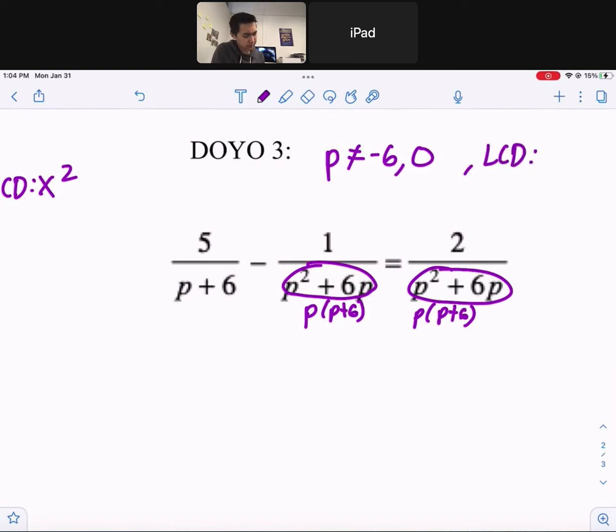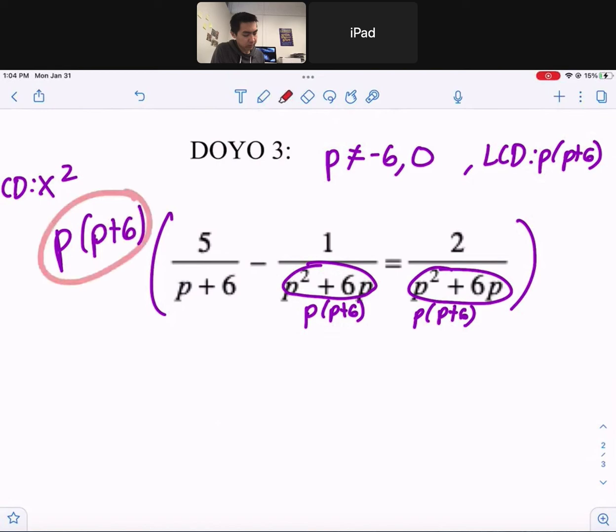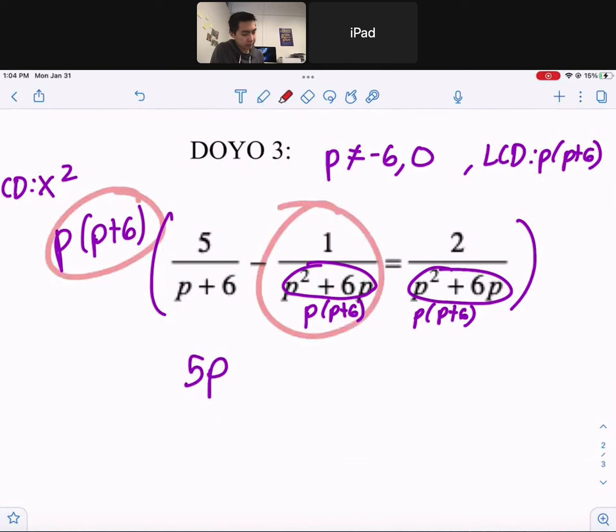LCD is p times p plus 6. So let's multiply everything by p times p plus 6. So this times this, you guys, the p plus 6 cancel. So you just have p times 5 for 5p. This times this, you guys, don't forget that negative sign.